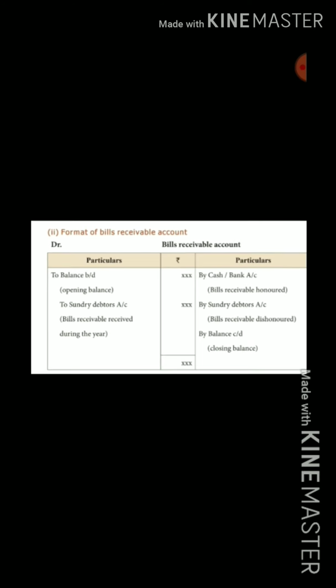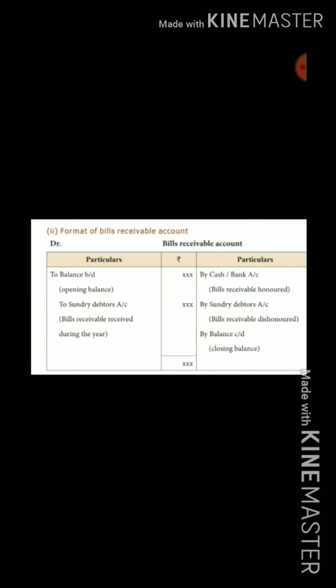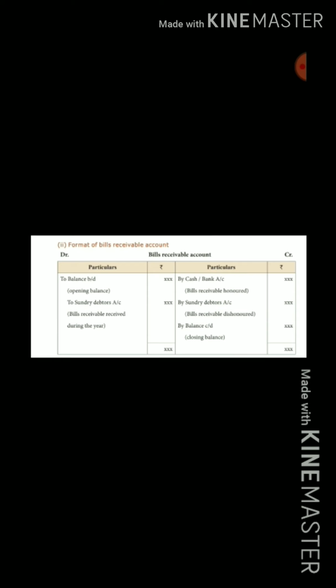The next format: the bills receivable account and bills payable account are prepared to find out the balances of bills receivable, that is a received item, and bills payable, which means accepted. See page number 17, the format of the bills receivable account.